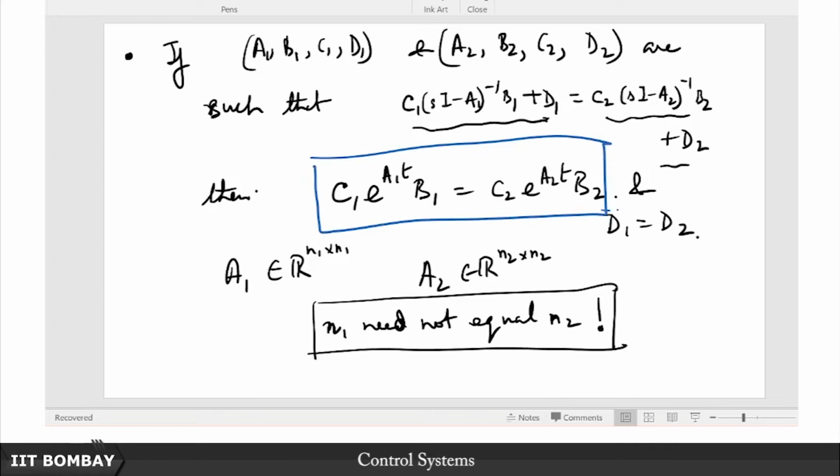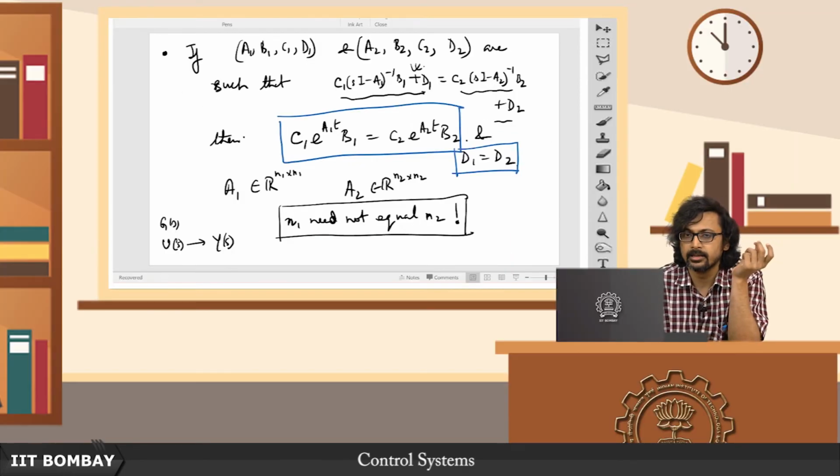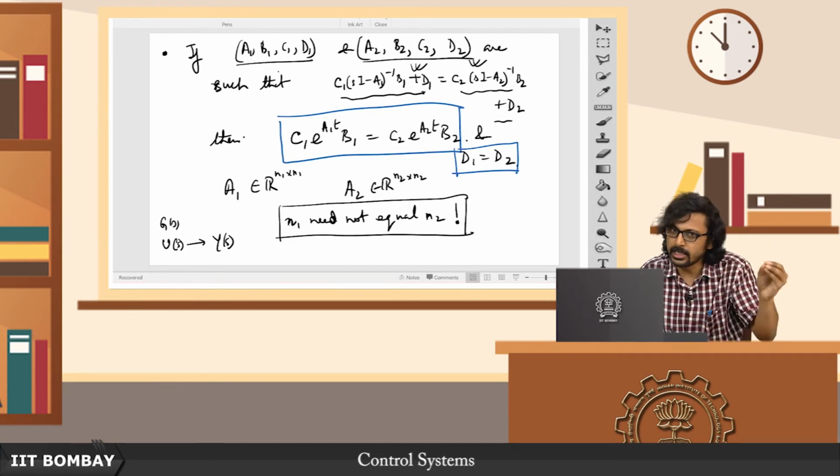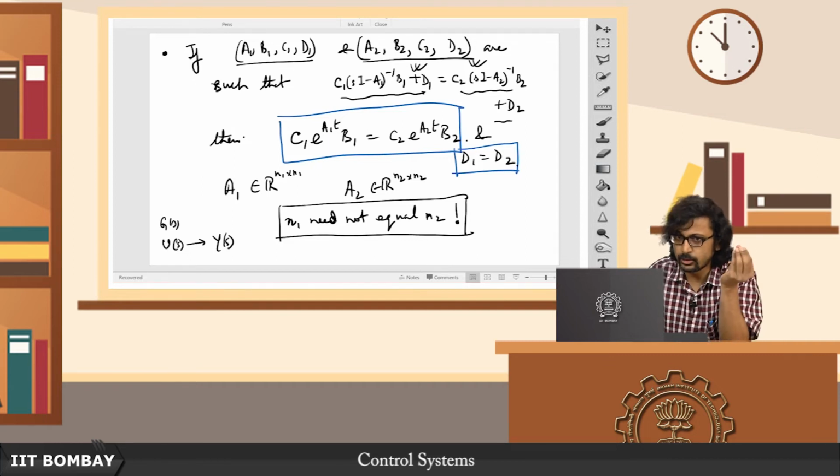So what this result is saying is that if you look at this G(s) as a map from U(s) to Y(s), then these two maps are identical. If you are talking about this realization, this ABCD is a map from the input to the output, and this A2 B2 C2 D2 is also a map from input to the output.